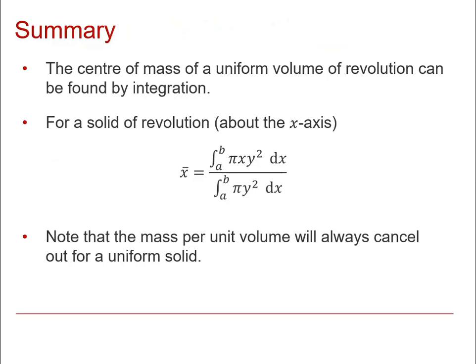And for a solid of revolution about the x-axis, we have the ratio x bar is the pi y squared x integral over the pi y squared integral. The k's will usually cancel out as we've taken it out there, and that's because it occurs on both sides of the term. We've put it there really to make the terms dimensionally correct.